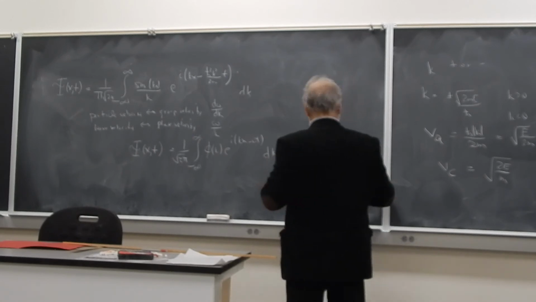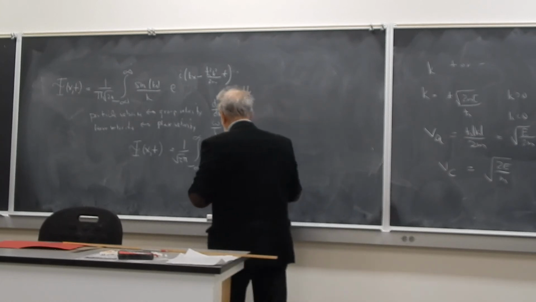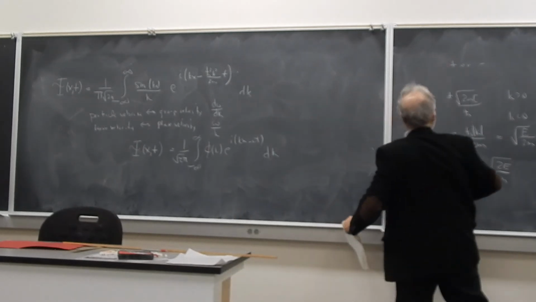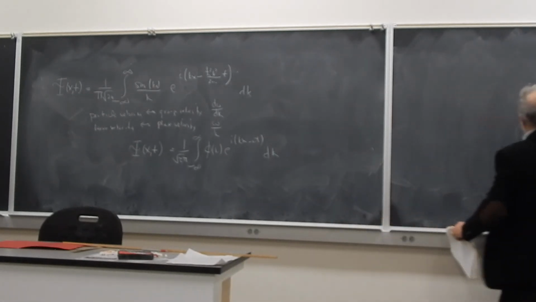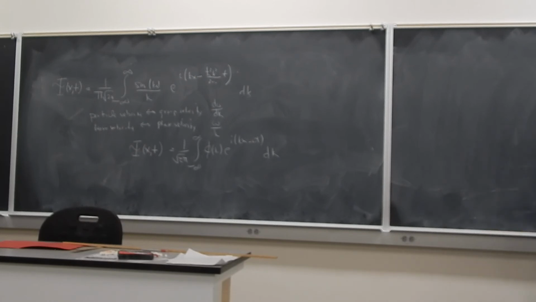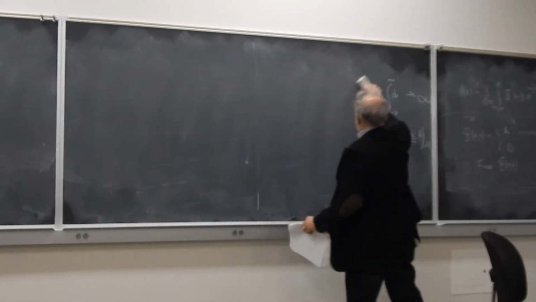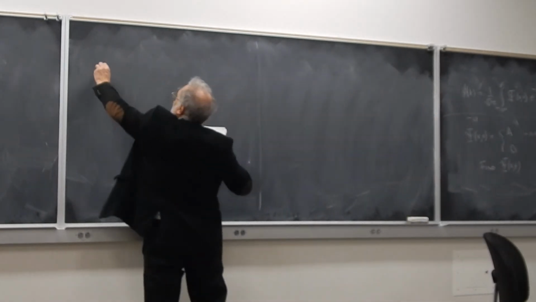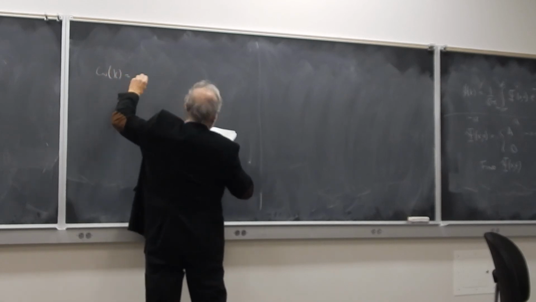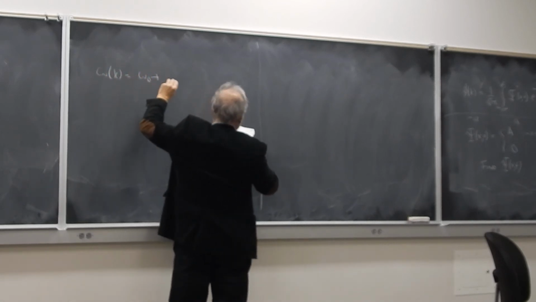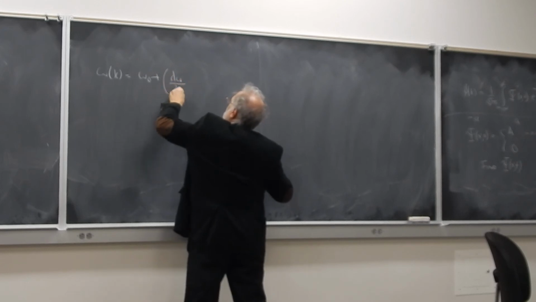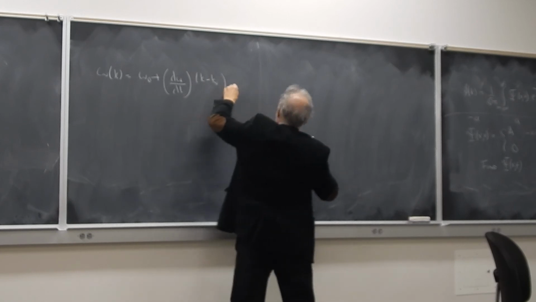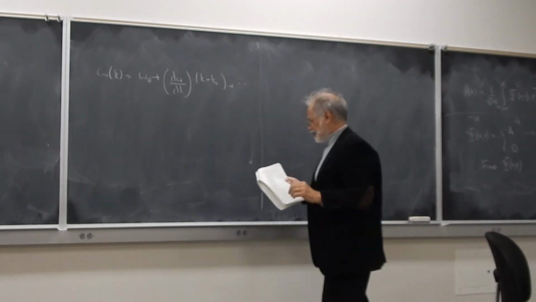So what we'll do is expand the function omega of k about k naught. I can write omega of k as omega naught plus d omega dk times k minus k naught plus higher order terms, and we'll just neglect them.